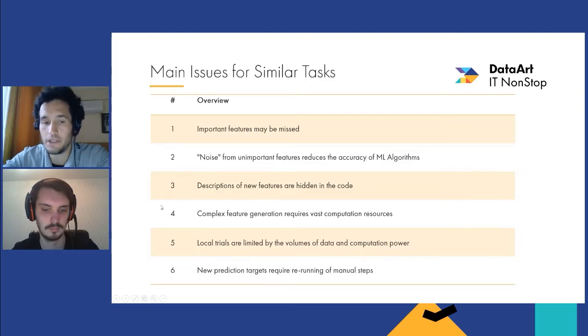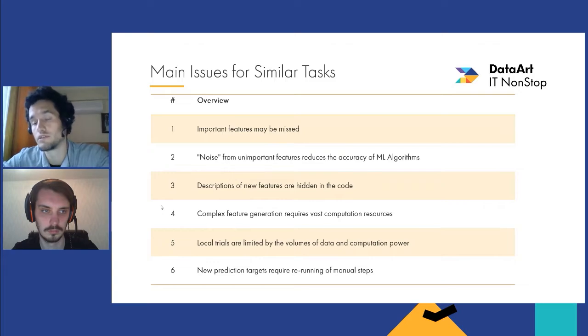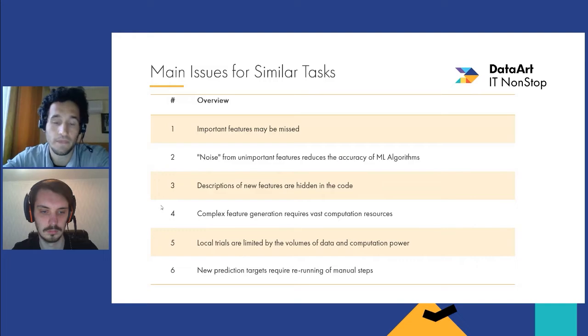But if we are talking about features with more complex aggregations from many tables with some splits of data and so on, then usually it requires vast computation resources. And the more features you use, the more tables you use, the more of these resources you need. The next issue was the fact that the local trials are limited by the size of the data set and the power of the local machine on which you run your local trials.